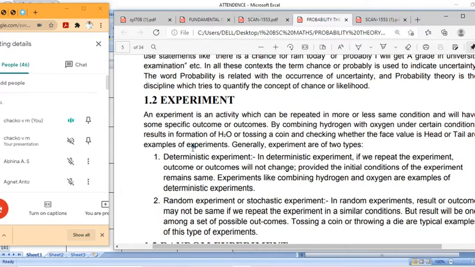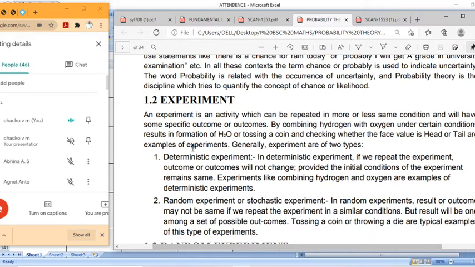Suppose you are tossing a six-faced die, with faces 1, 2, 3, 4, 5, 6. If you toss a die, surely you will get a number between 1 and 6. At the same time, the result of a particular toss will be a particular number. So in a deterministic experiment, the result will be unique. At the same time, in a random experiment, more than one outcome can be observed.